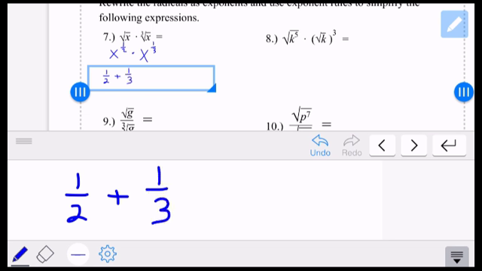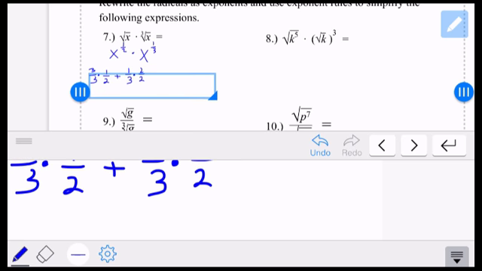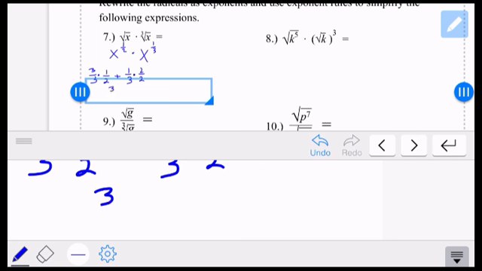So we reviewed fractions and adding and subtracting them in the beginning of the year. So hopefully you remember how to do that. Otherwise, you can try to use your calculator to help you. We need to get a common denominator. So our common denominator for this will be 6. 2 and 3 both go into 6. So I need to multiply by 3/3 to the 1/2 and 2/2 to the 1/3 to get those into 6s.